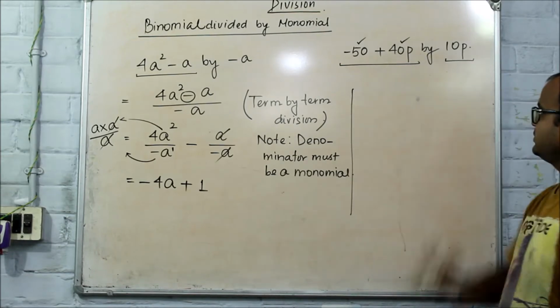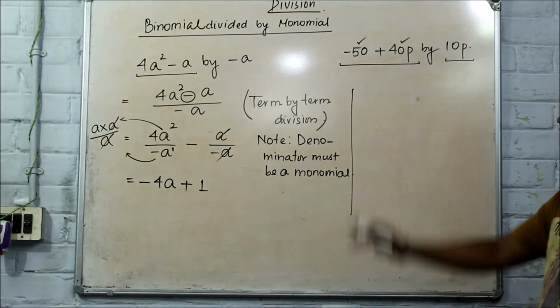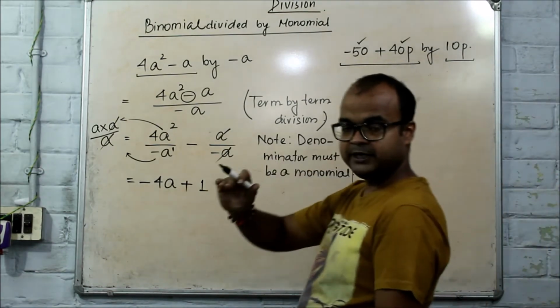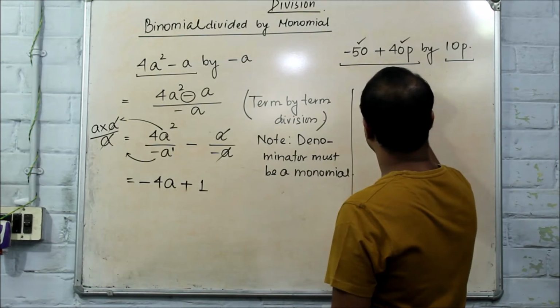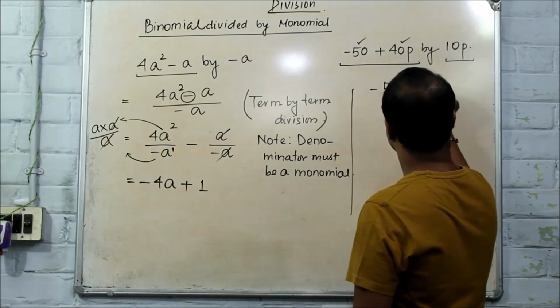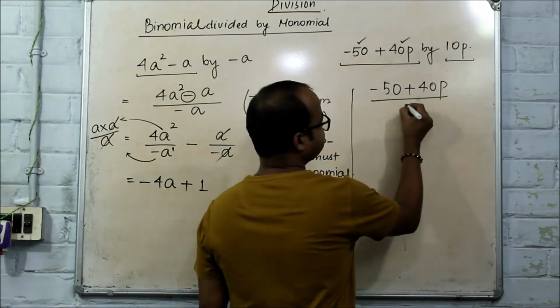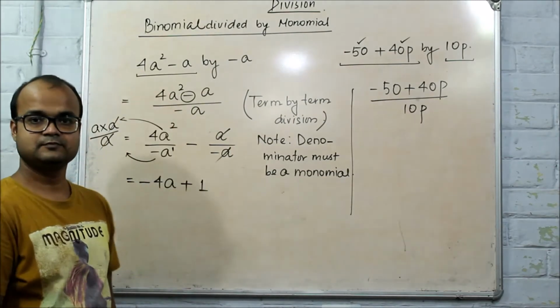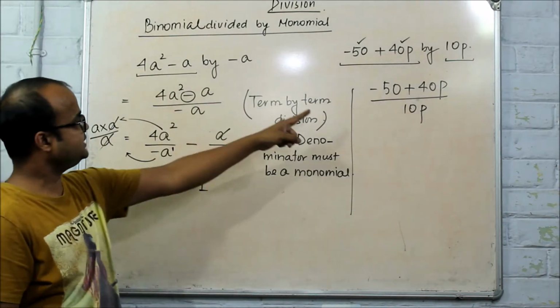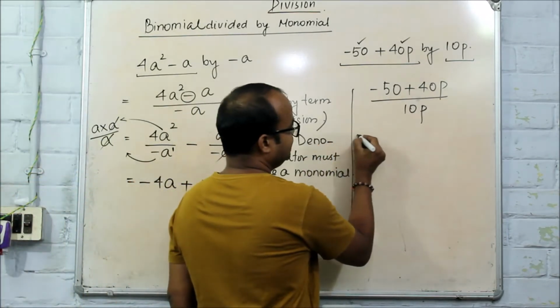Let us discuss this problem. First we need to write it in the form of numerator by denominator. So we write minus 50 plus 40p by 10p. Match. I am doing the same thing. Now what you need to do?